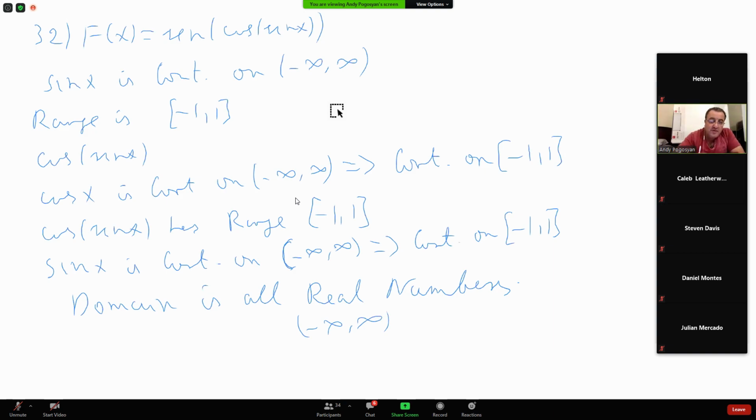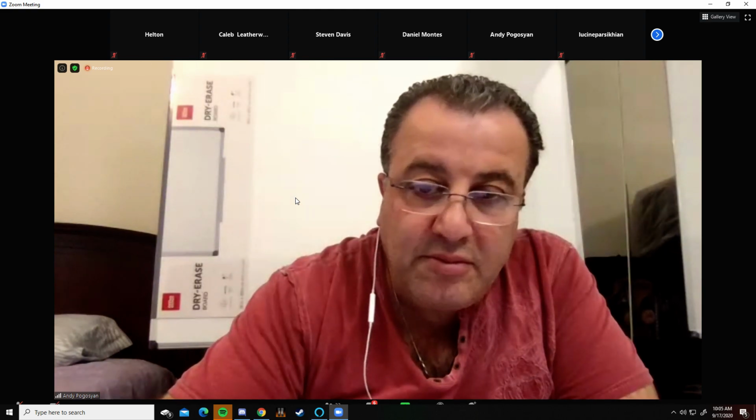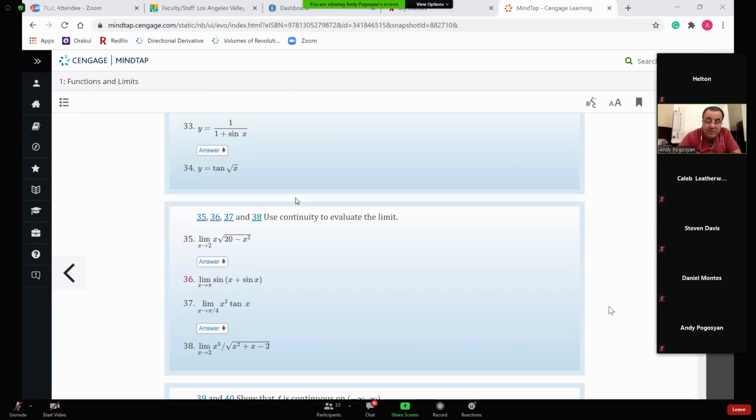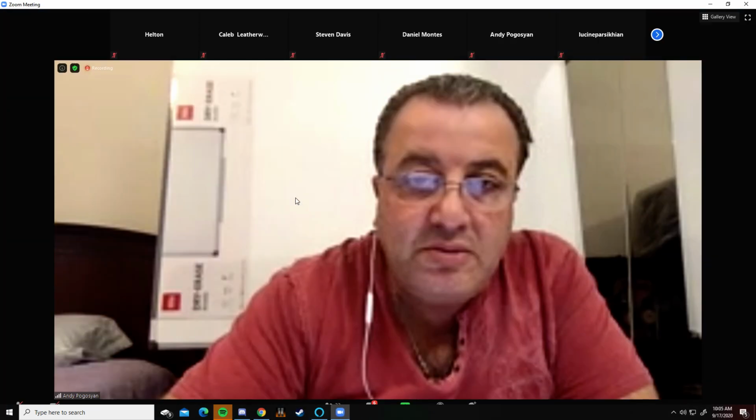Number 40. So let's see what number 40 says. Show that f is continuous on negative infinity to infinity. It's sine x if x is less than pi over 4, cosine x if x is greater than or equal to pi over 4.